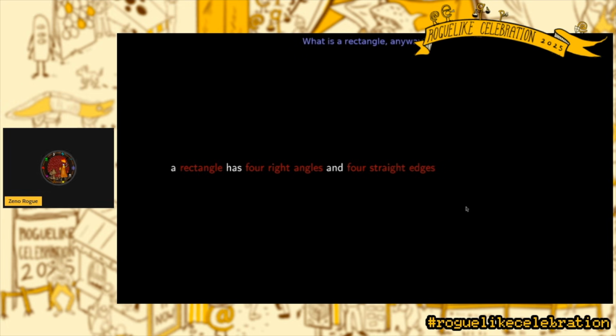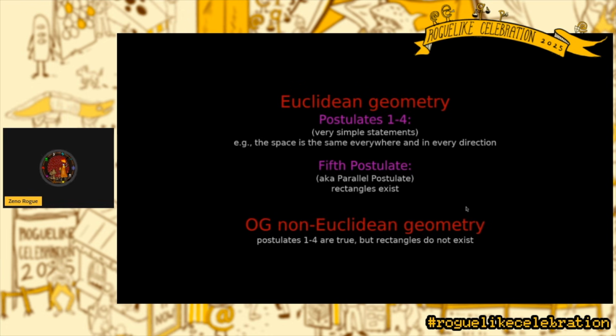This question basically came up in the work of Euclid. Euclid wanted to systematize all the knowledge of geometry at his time. His idea was to introduce the modern way of doing mathematics. He started with very simple statements and proved more and more complex statements from them, and he wanted to apply this approach to geometry.